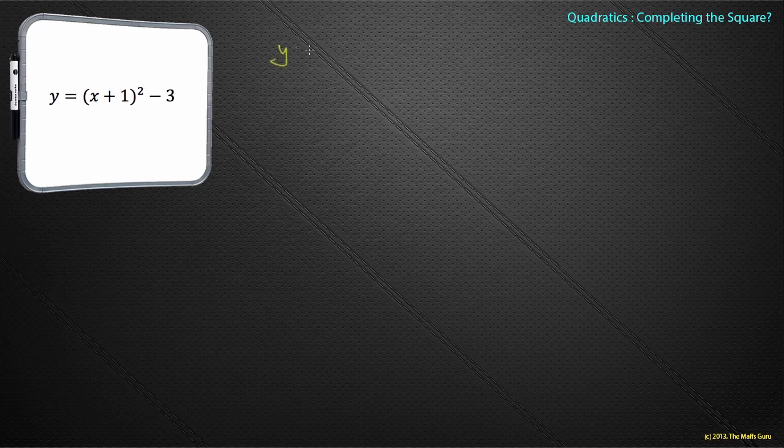So if you have the equation y equals (x plus 1) squared minus 3, we know that the value inside the bracket, because it's connected to the x, is a horizontal shift. Whereas we think that plus 1 would normally move it to the right, because it's inside those brackets, it does the opposite, and so my graph is going to move 1 unit that way.